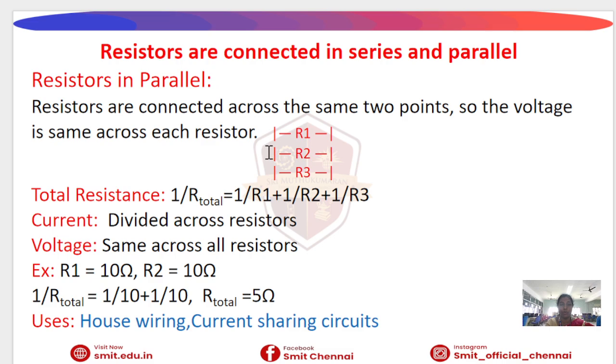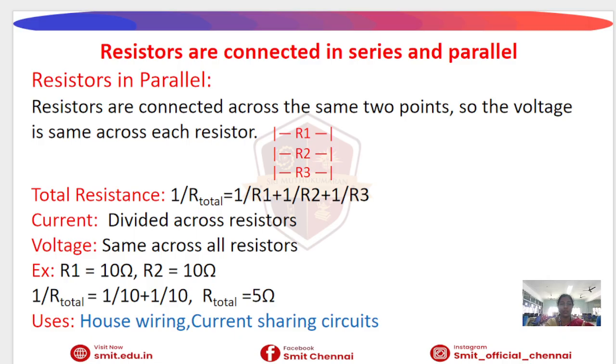Here I1 current will flow, I2 current will flow, I3 current will flow. But the voltage is the same across R1, R2, and R3. So in a parallel circuit, the voltage is the same and the current divides. So the total resistance value decreases. Formula is 1 by R total is equal to 1 by R1 plus 1 by R2 plus 1 by R3.